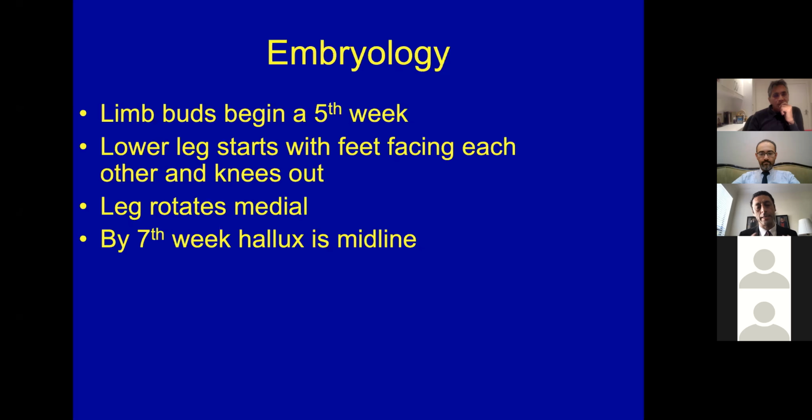With a certain amount of growth in utero, the leg rotates medially with the big toe facing medially, and the upper extremity rotates in the other direction. By the 7th week, the hallux is at the midline. Sometimes there are disturbances of the normal rotation, causing rotational problems in children.